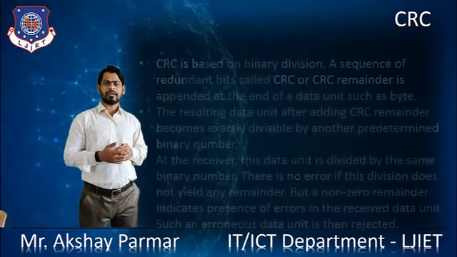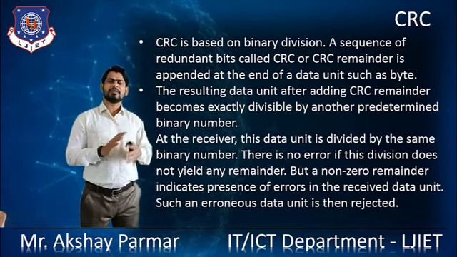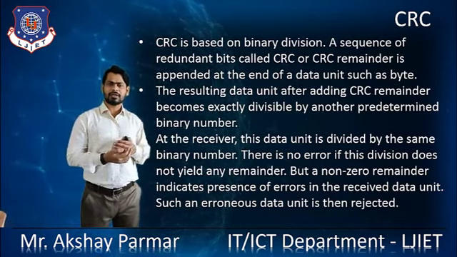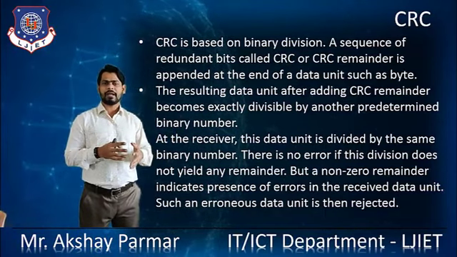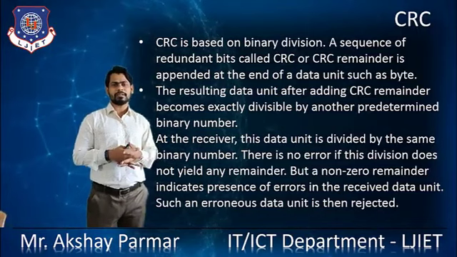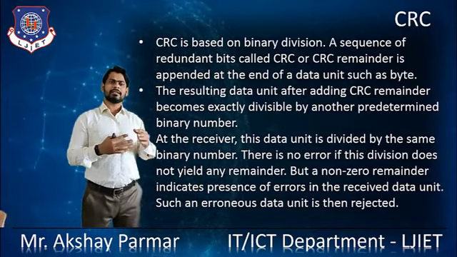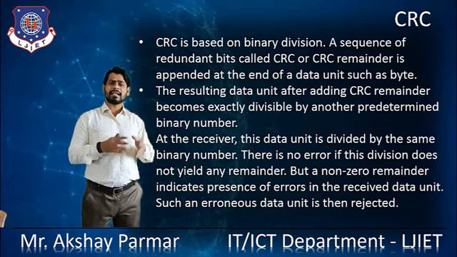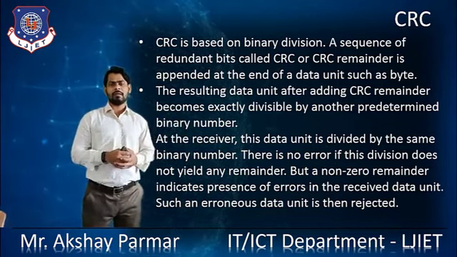The CRC is based on binary division. A sequence of redundant bits called the CRC or CRC remainder is appended at the end of the data unit, such as a byte. The resulting data unit after adding the CRC remainder becomes exactly divisible by another predetermined binary number.